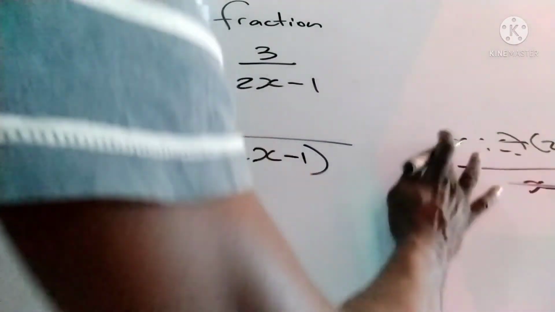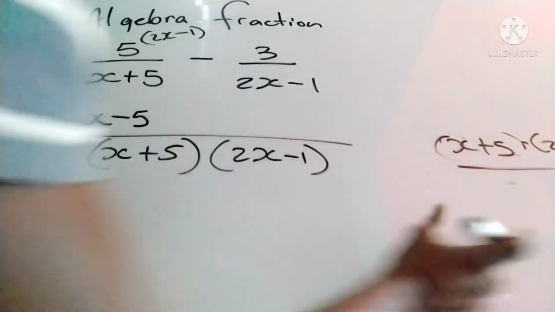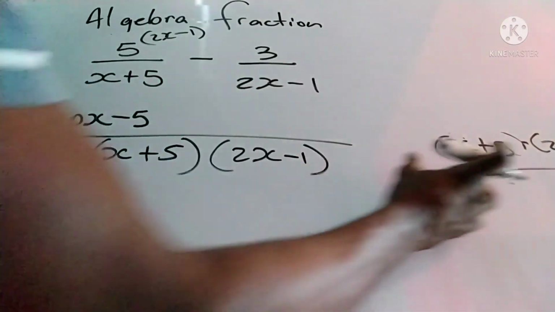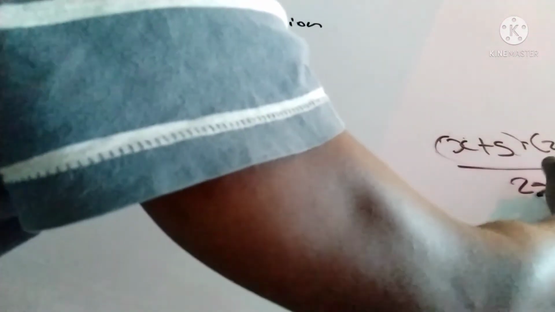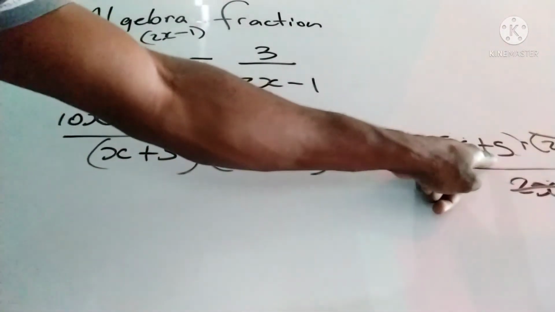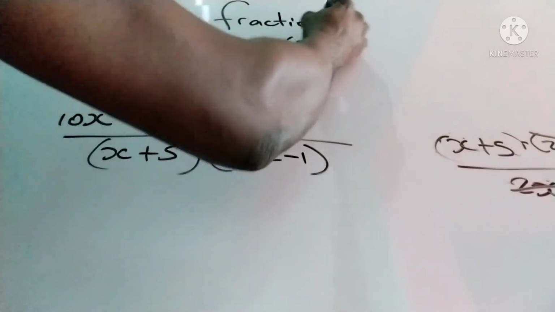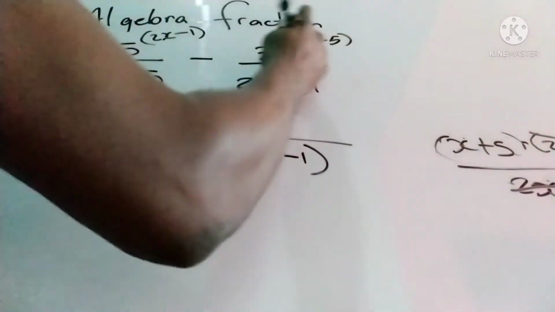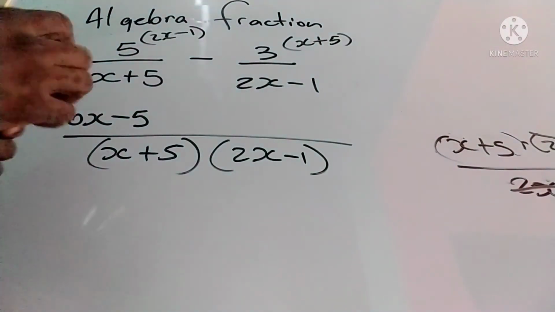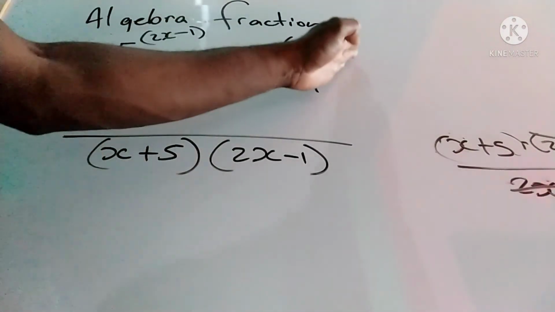The next move is that we're going to divide by the 2x minus 1. So 2x minus 1, as you could see here, cancels itself. When the 2x minus 1 cancels itself, we're left with x plus 5, which is going to multiply by our numerator. Now I want you to bear in mind that this negative sign will negate everything that comes after.